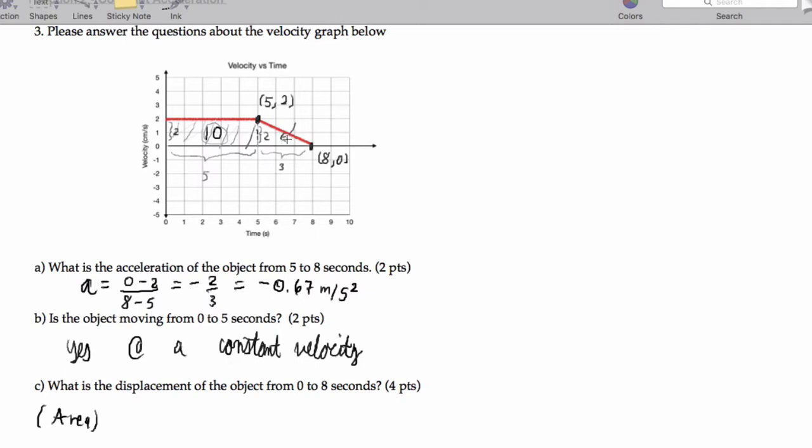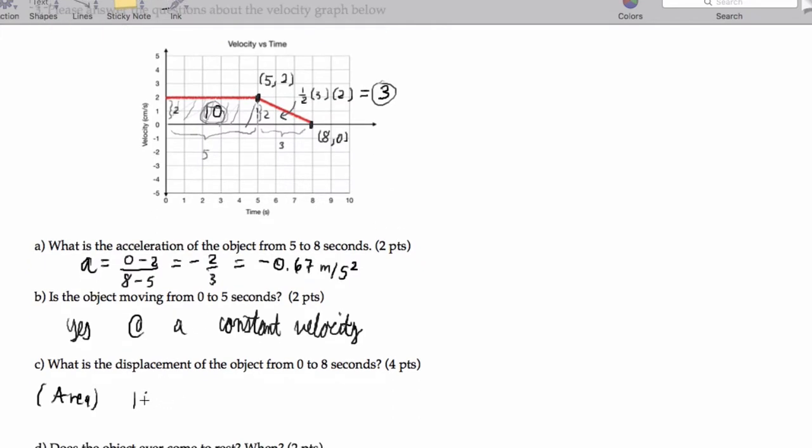So I get this area as 1/2 times base times height. So that's going to be 3. So my total area is going to be 10 plus 3, which is going to be 13 meters. And I'll say see work above.